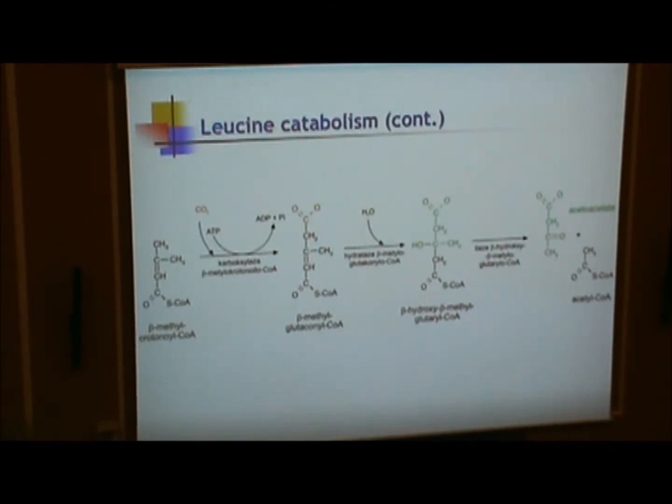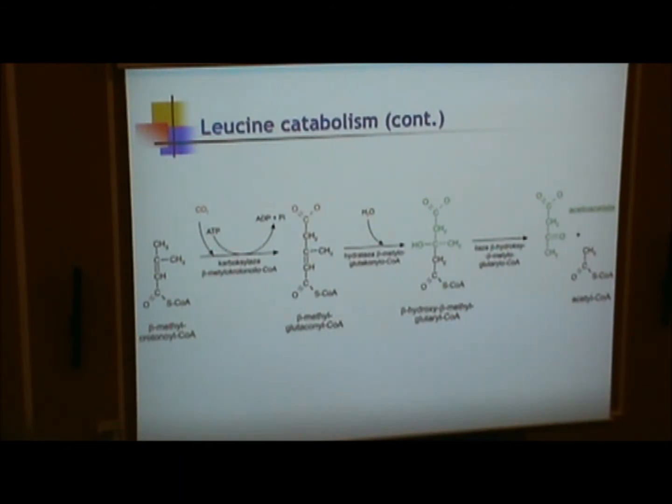Beta-hydroxy, beta-methylglutaryl coenzyme A. Then this metabolite is submitted to the action of beta-hydroxy, beta-methylglutaryl coenzyme A lyase.